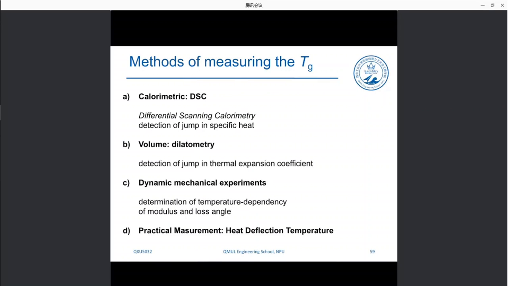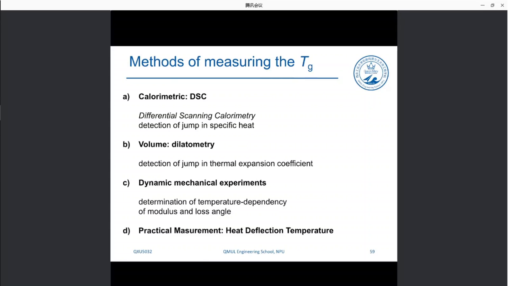And now, for the last part of the course on the glass transition temperature, let's look at how we measure the glass transition temperature. Of course, here I will just introduce you to a couple of experimental techniques, but for the DSC, we will talk more in the next session, where we use DSC to observe the glass transition, melting point, and crystallization temperature.